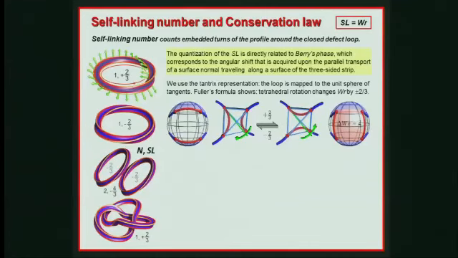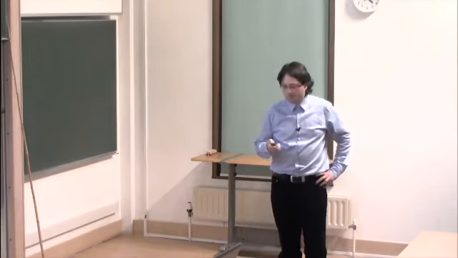When you change this angle, the surface covered on the unit sphere will also change. And using the Fuller formula, you can find out that by such rewirings, the writhe will change by plus minus 2/3.